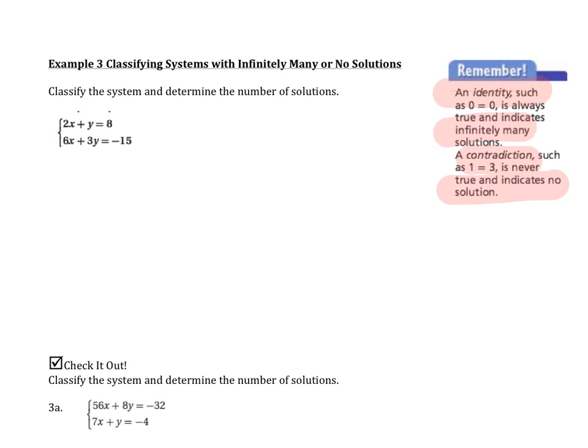So looking at the first one, I can very easily do this by substitution. I can make the first equation, set it equal to y, then take that and put it in the second equation for y.